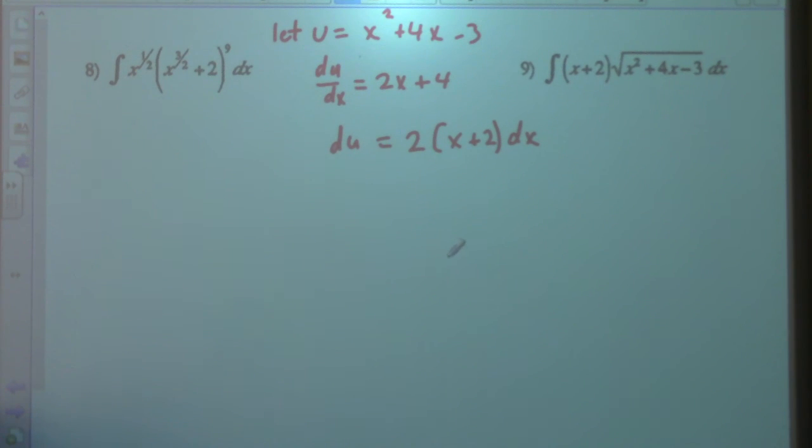Why did I want to do that? Like it'll cancel the other. Yeah, exactly. So I was looking ahead, thinking, oh yeah, if I factor out 2. Again, you just get in the habit of looking ahead a little bit, seeing if there's something you can do to make things a little easier for you.